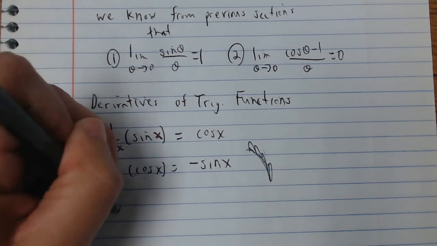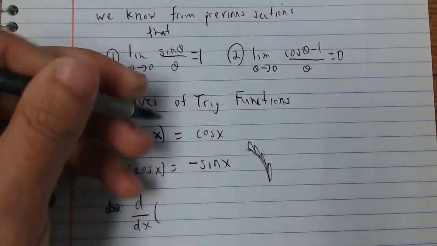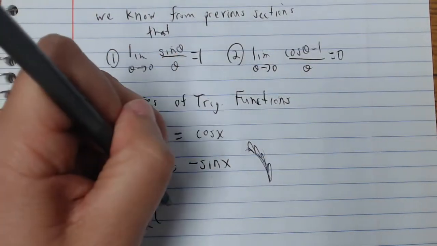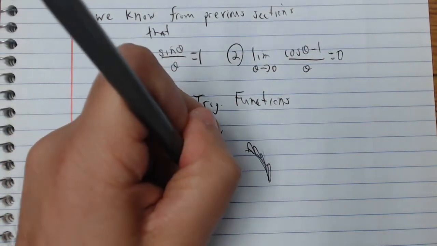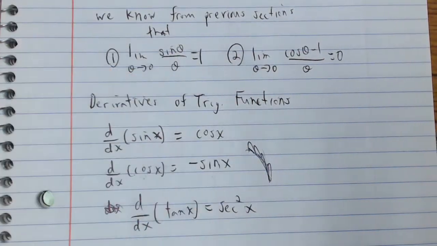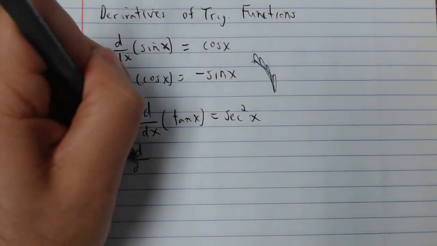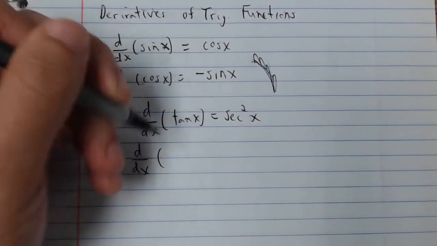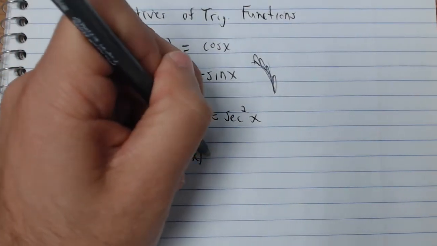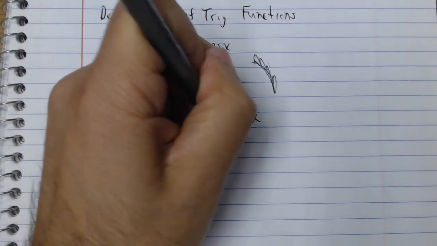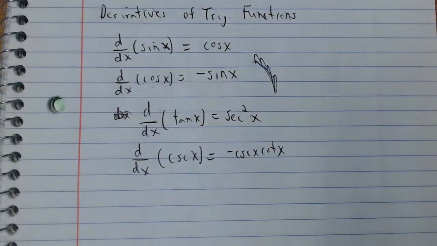We can also find the derivative with respect to x of tangent of x, which becomes secant squared x. Then the derivative with respect to x of cosecant of x becomes negative cosecant x cotangent x.